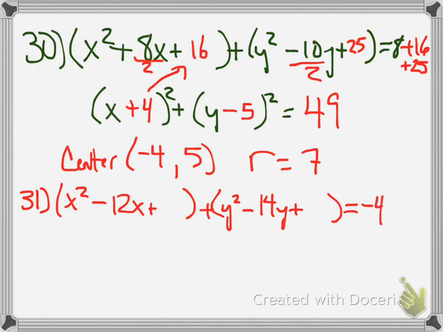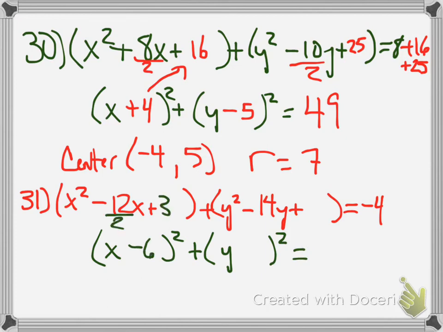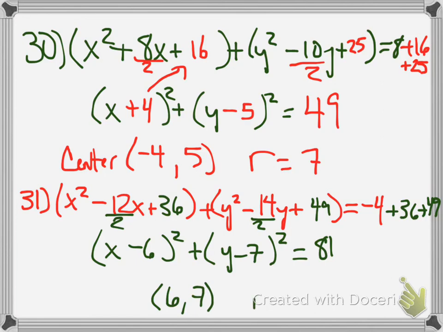Now x squared plus y squared equals, and divide by 2 gives you negative 6. Squared, that's 36, so plus 36 over here. Divide by 2, negative 7. Square that is 49, so plus 49 here. Add those together and you should get 81. So then my center is at positive 6, positive 7, with a radius of 9.